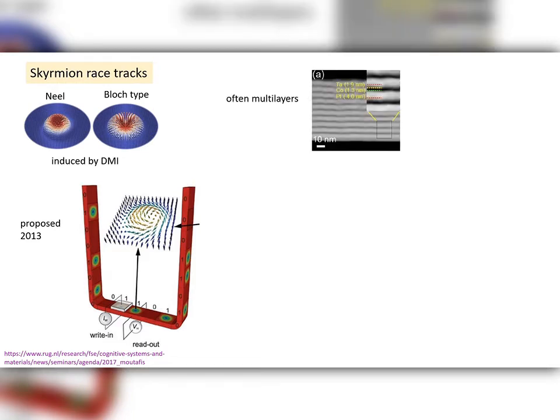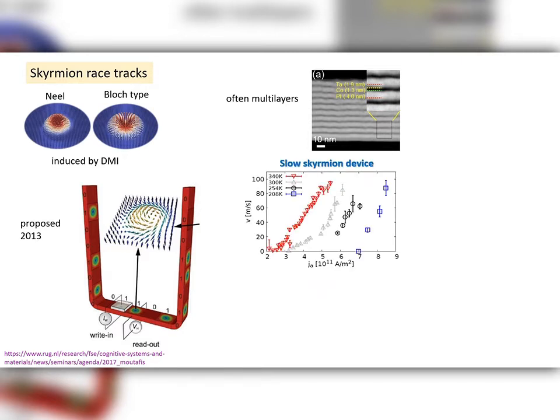They are often multilayers. You see here how they look. I don't know exactly what topology should mean here. And the currents are a little bit lower than 10 to the 11 amps per square meter, which would destroy the device. They are very slow.